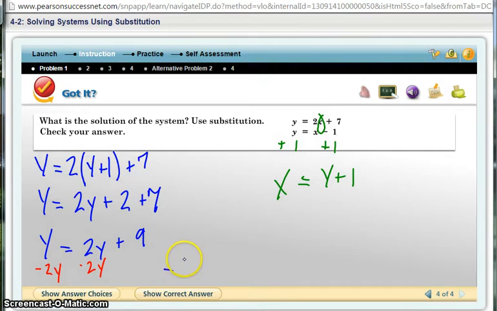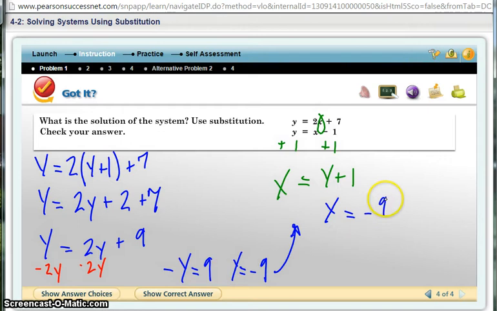And now we have a negative y equals 9. So that really means y equals negative 9. And then put the y in the equation which we used to substitute it in. So x now equals negative 9 plus 1.